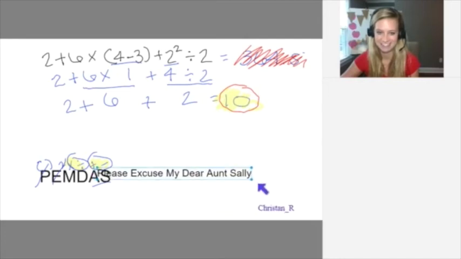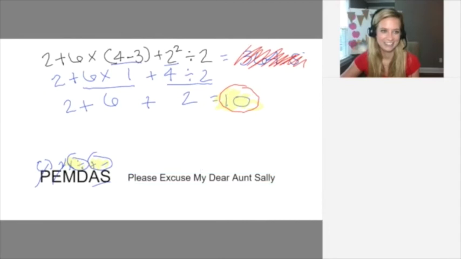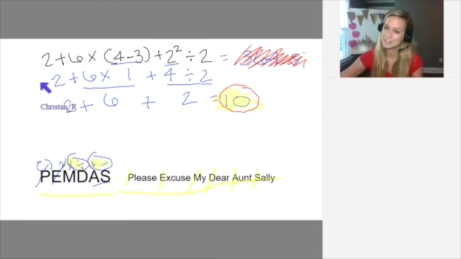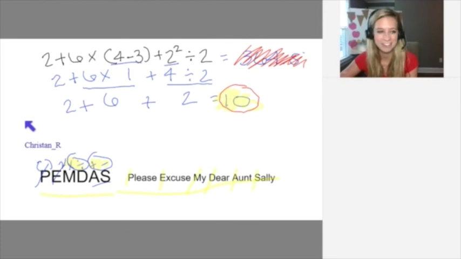Trying to make it bigger. There we go. And here, of course, the P stands for parentheses, exponents, multiplication, division, addition, and subtraction. So if you can remember this trick, both of these things will help you solve a longer equation and get to the right answer much more quickly and efficiently as well.